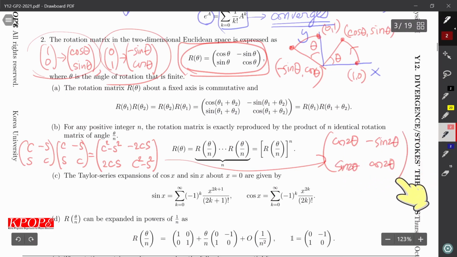In a similar manner, if we multiply two different angles, in either order, it is commutative, and the result is like that.